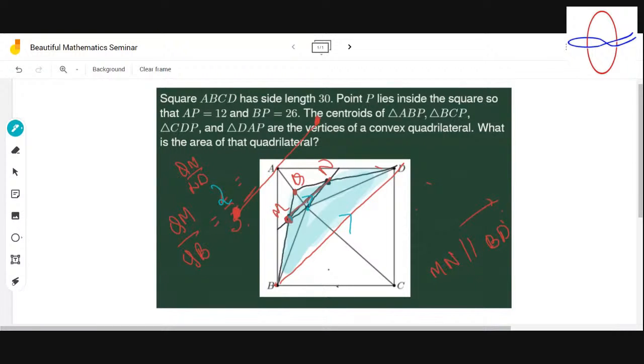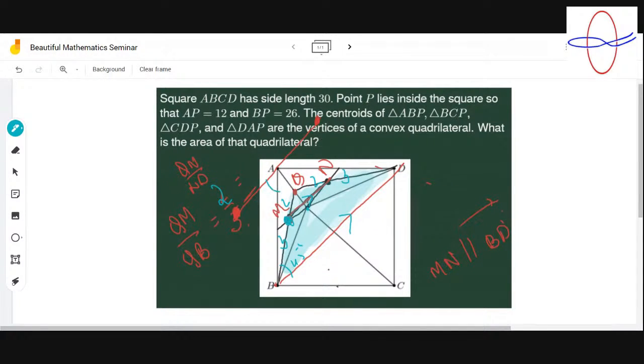Dattatreya asks why QM by MB is equal to 2/3: because M is a centroid, it divides the median in a 2:3 ratio. Okay, does it seem like BD is parallel to this? Are you sure? This is 45 degrees, right?